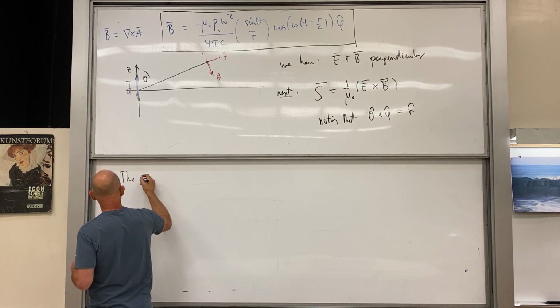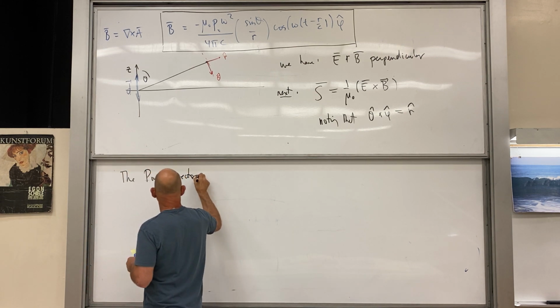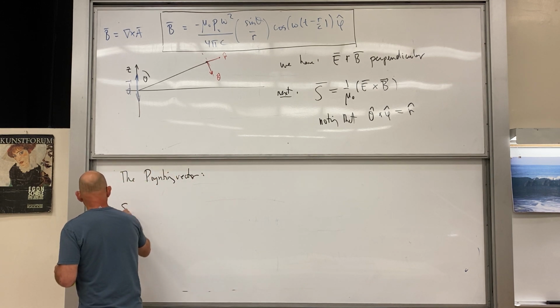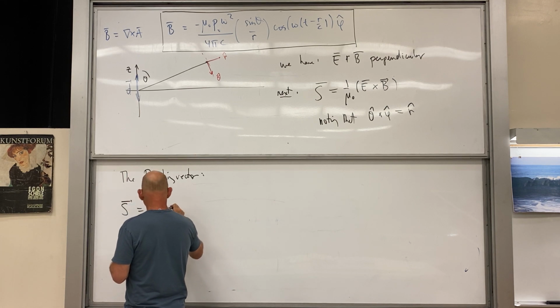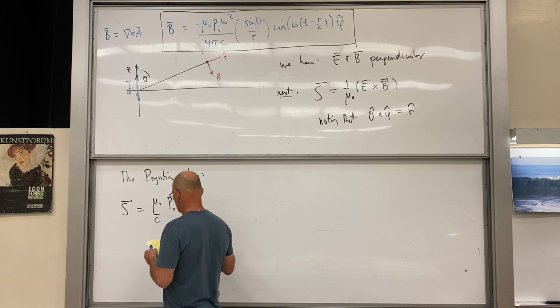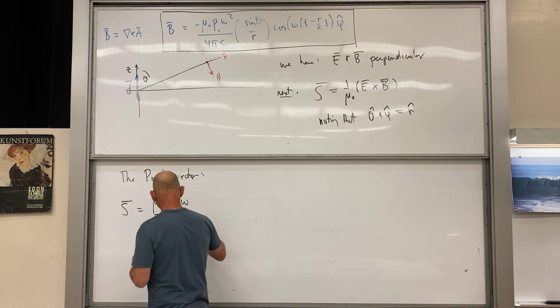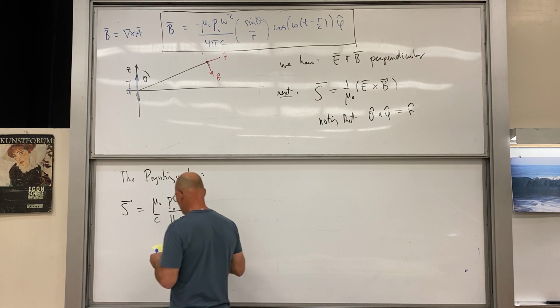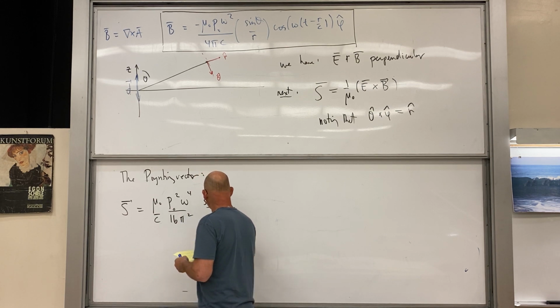Poynting vector S will turn into mu naught over c, p naught squared omega to the fourth, over 16 pi squared, sine squared theta divided by r squared.